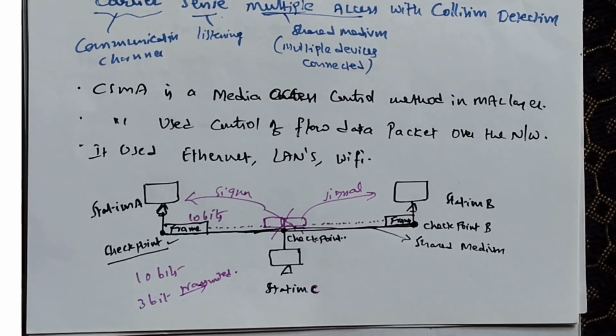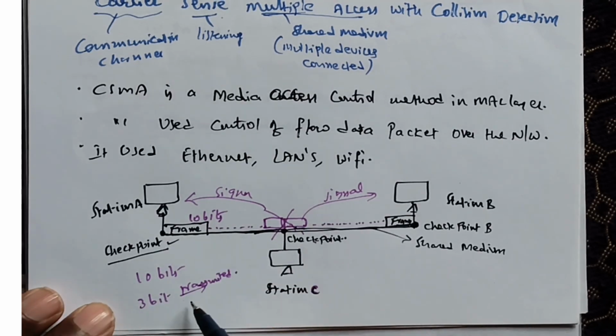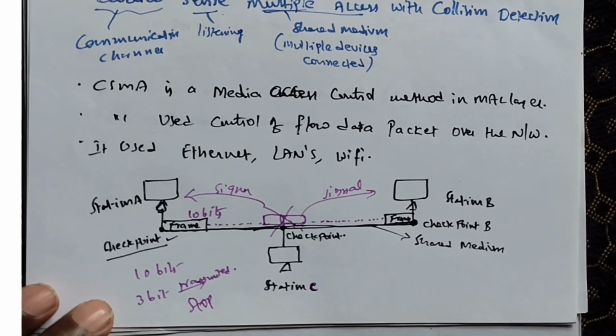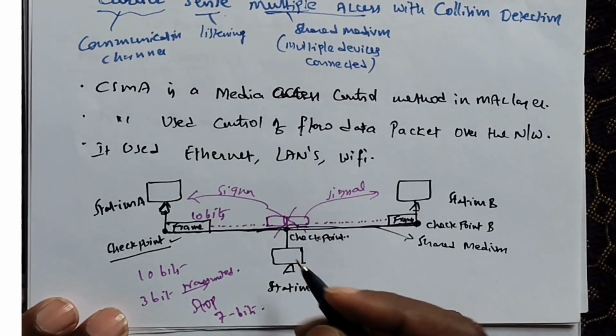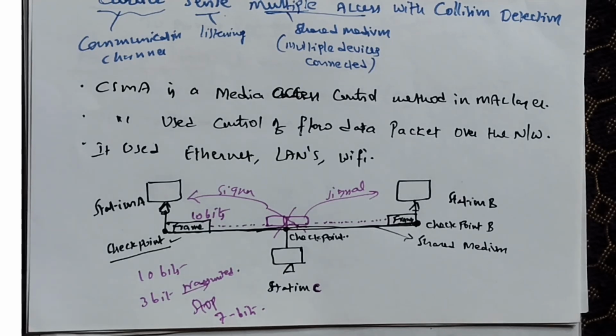At the time it receives the collision signal, it easily determines whether the frame belongs to it or not. A is sending 10 bits, and B received 3 bits before the collision. Whenever it identifies that the frame belongs to its own station, it simply stops sending the remaining 7 bits of the frame.